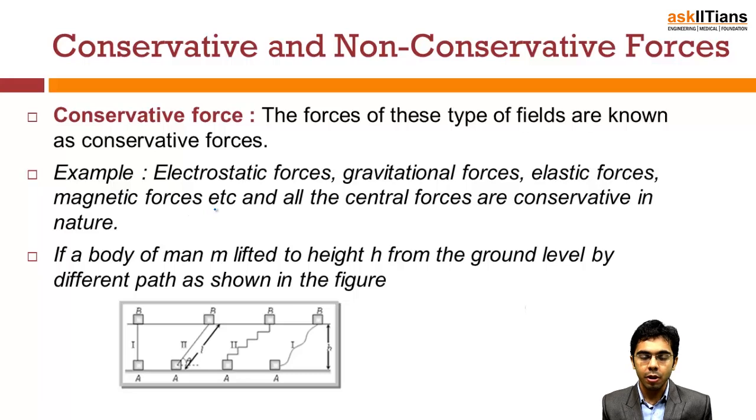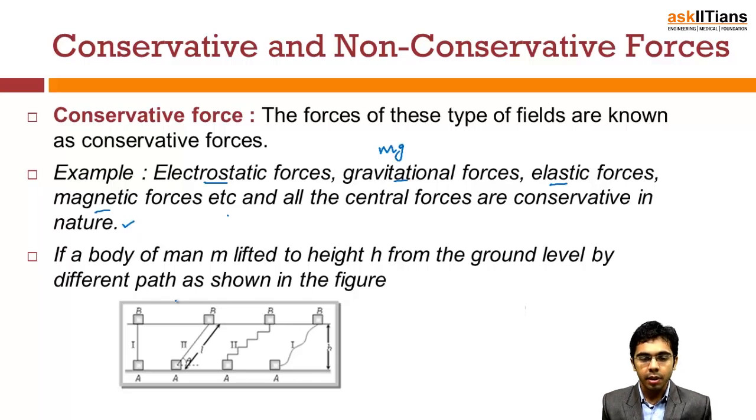Examples are the electrostatic force and the gravitational force that we have studied, that is mg. The elastic force, magnetic force, etc., all the central forces are conservative in nature.